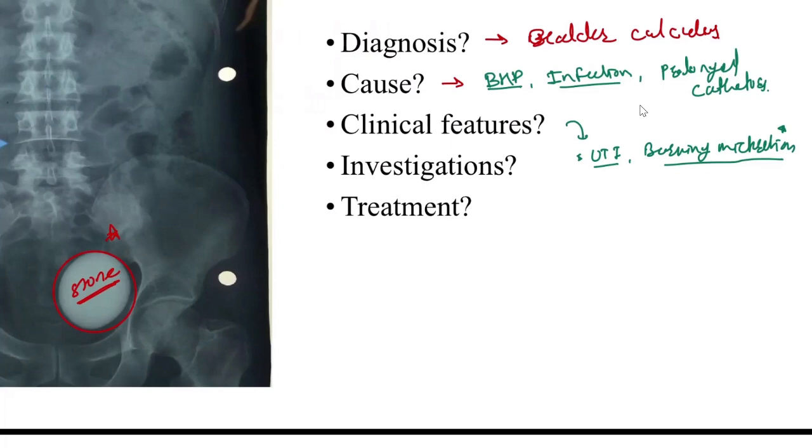In case of a complication, it can present as hydroureteronephrosis or pyonephrosis.